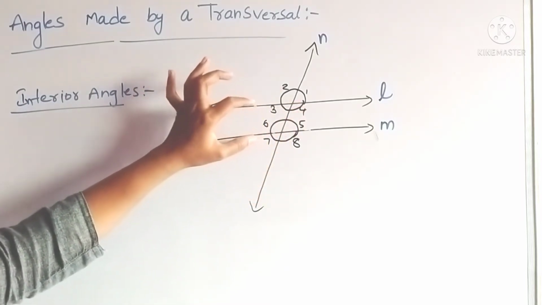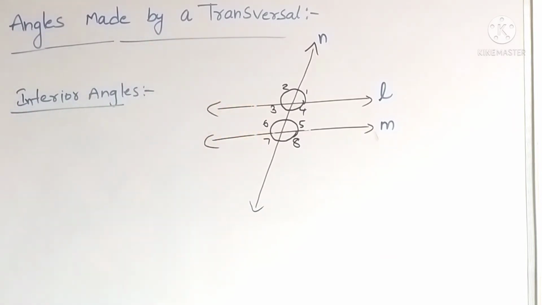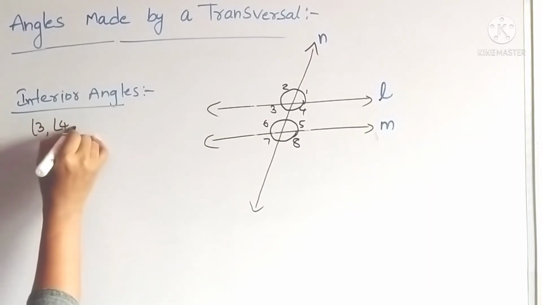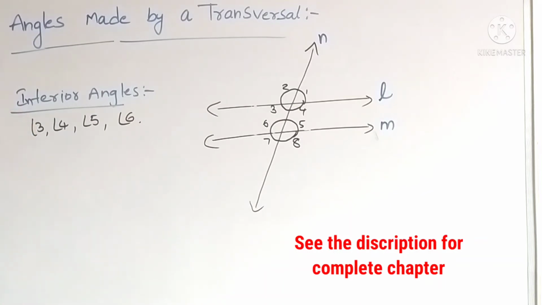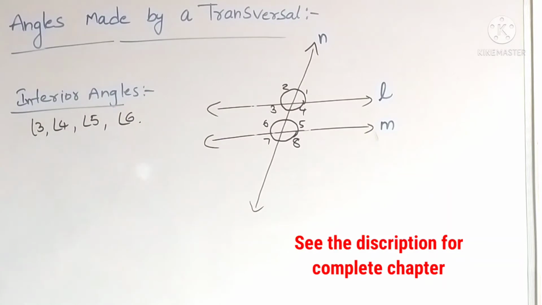So these angles are lying inside the lines. Lines ki lopala unnai inside. So they are called interior angles. Angle 3, angle 4, angle 5, angle 6 are the interior angles.